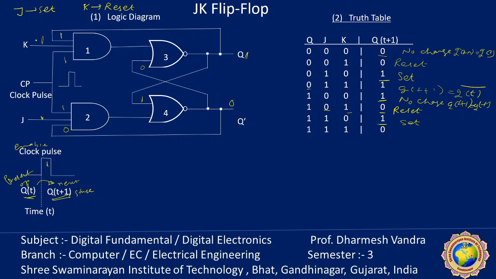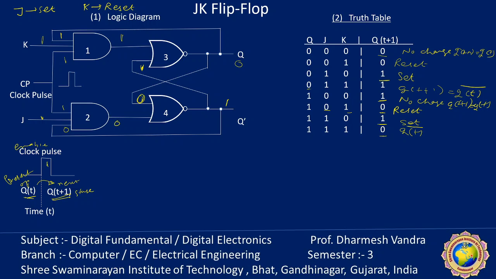When 1 1 1, the output of gate number 1 is 1 and gate number 2 is 0. 1 plus 0, if any one input is 1, the output is 0. This 0 is applied here. 0 plus 0, the output is 1. Now this one is applied here, but because the second input is already 1, the output remains 0. So it is Qt dash.